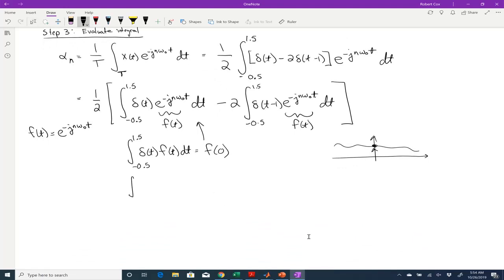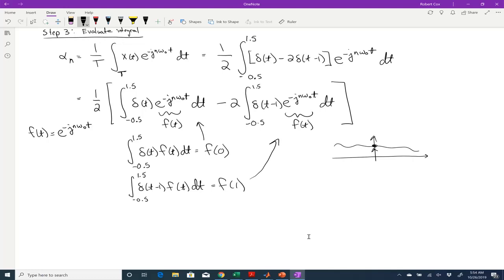Now similarly, we'll do this here. Looks like that second integral is basically where I have f of t multiplied by delta t minus 1. That would simply be f of 1.